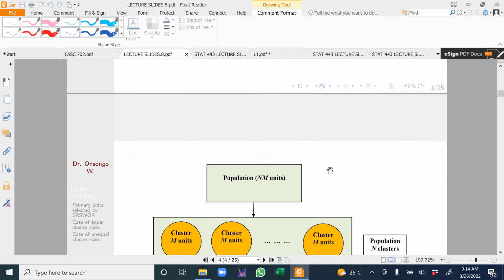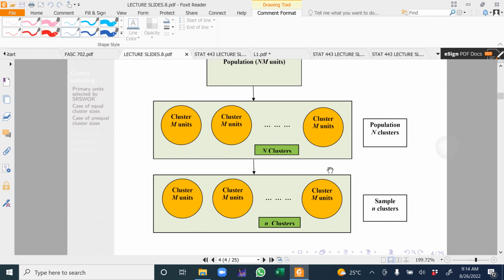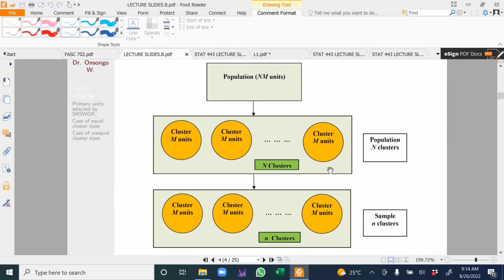So here is a pictorial presentation of cluster sampling. So you have a population. This is the population. And in this population that is heterogeneous, you divide it into clusters. So you have n clusters.